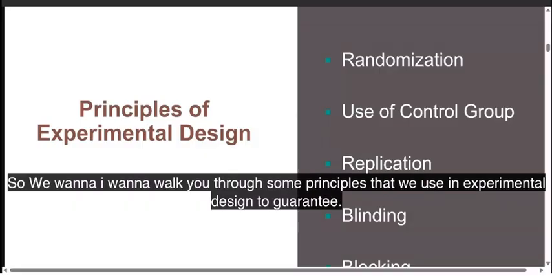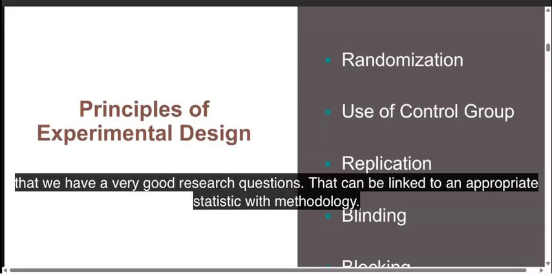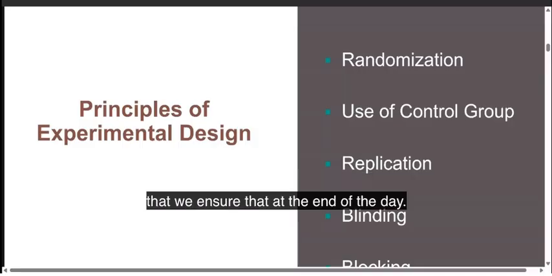I want to walk you through some principles that we use in experimental design to guarantee that we have very good research questions that can be linked to an appropriate statistical methodology, that will ensure that at the end of the day we have results that are valid.